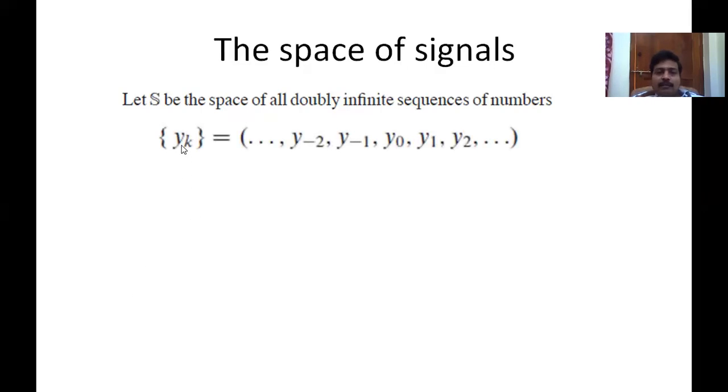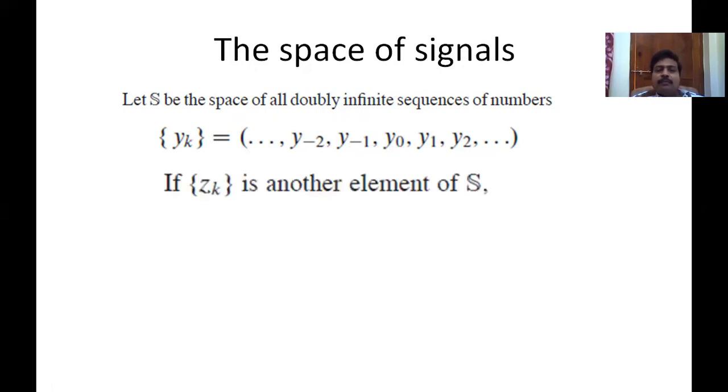Let yk be an element of such a space, where the elements are like this: and so on, y minus 2, y minus 1, y0, y1, y2 and so on. So it is an infinite sequence. Let us take another element zk in this space S.